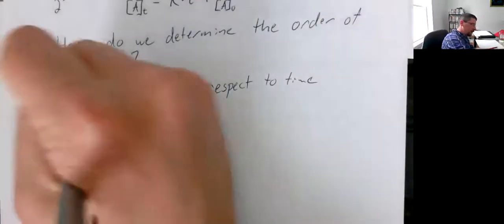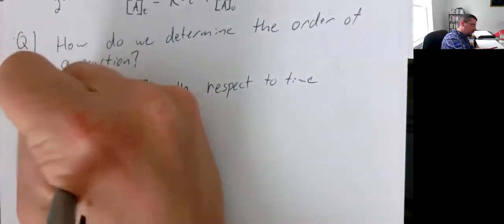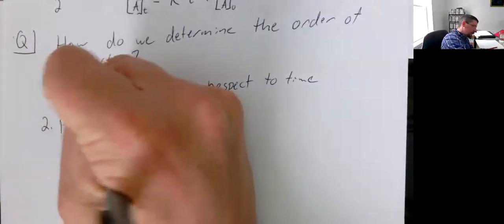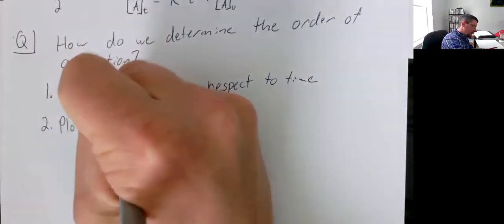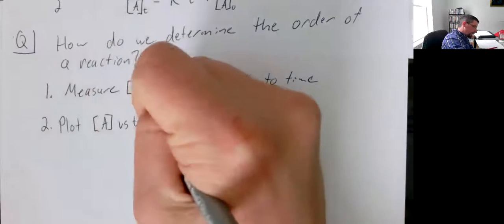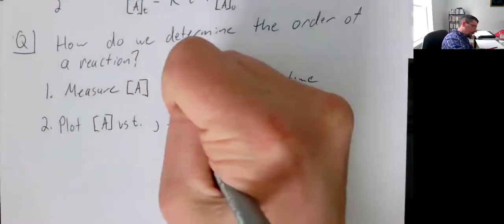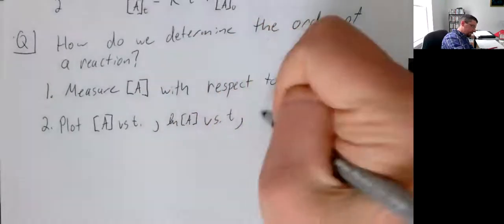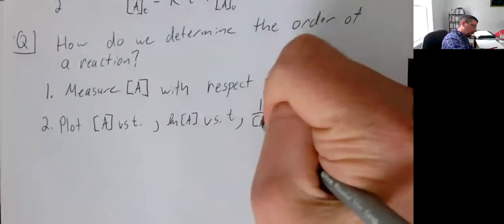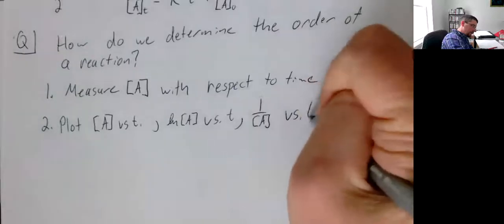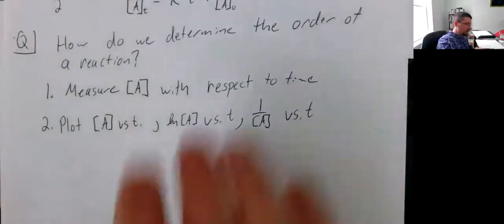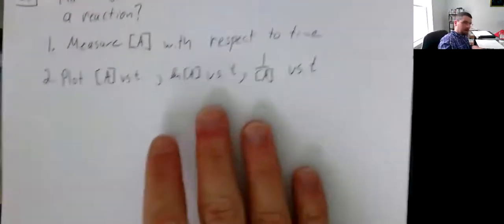Then after you measure that data, you want to make a plot. You want to make a handful of plots. You want the concentration of A versus time. You want the natural log of the concentration versus time. And you want 1 over the concentration versus time. Now, why are you doing that? Well, you're trying to fit this data to these different integrated rate laws up here.